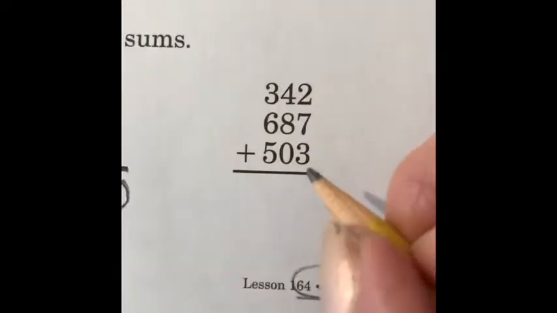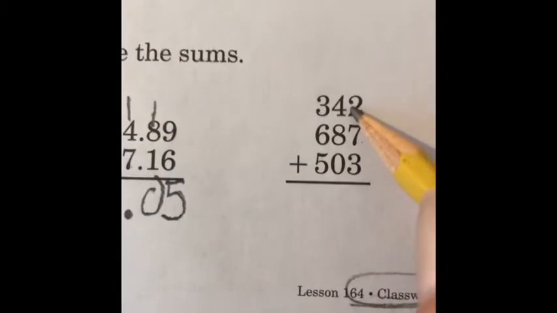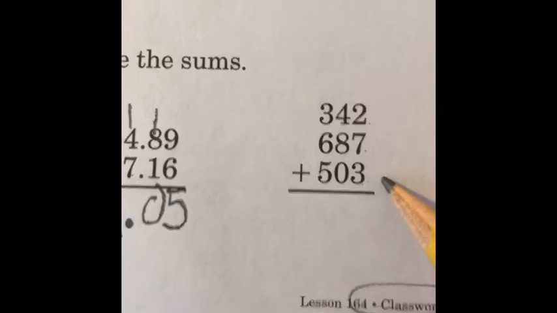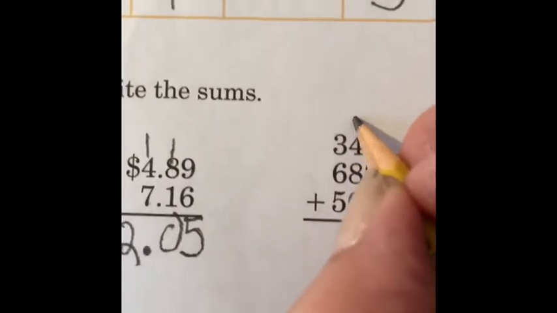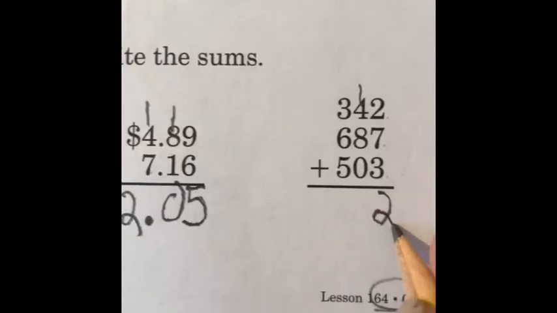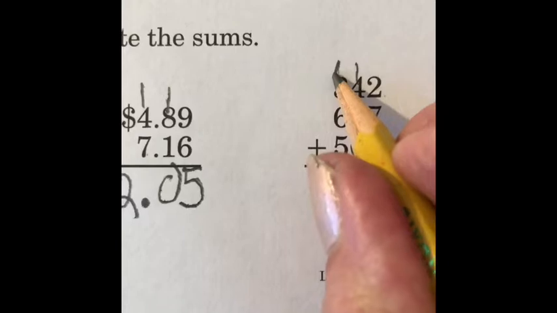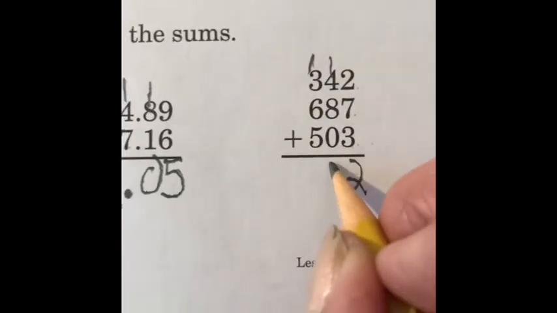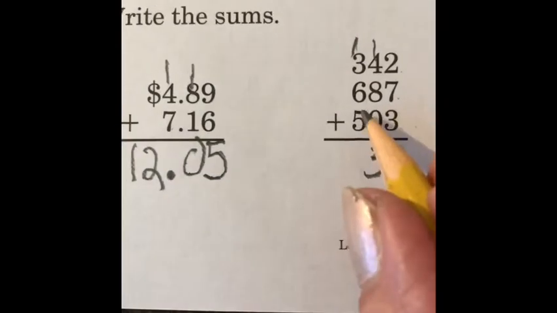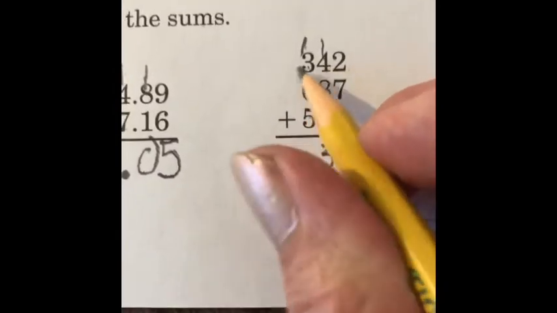Again, adding, just simple adding here. 7, 8, 9, 10, 11, 12. Put my 1 above the 4, carry it. Put my 2 down here. Add again, 8, 9, 10, 11, 12, 13. 1 up here, 3 here. Add 5 plus 6 plus 3 plus 1.